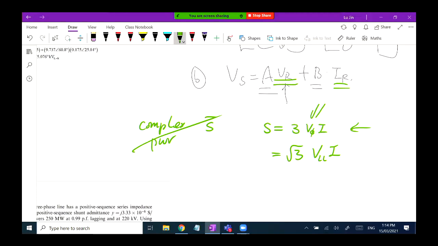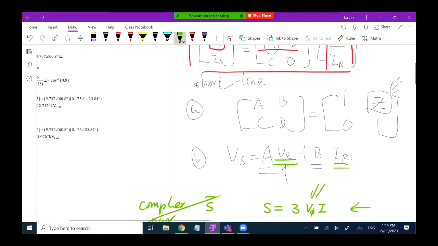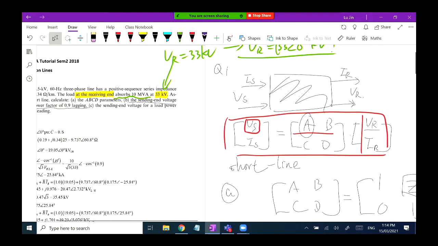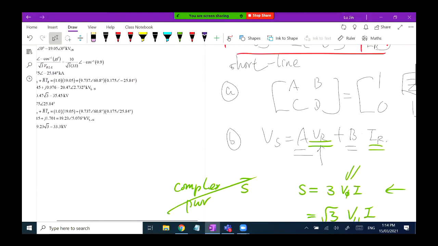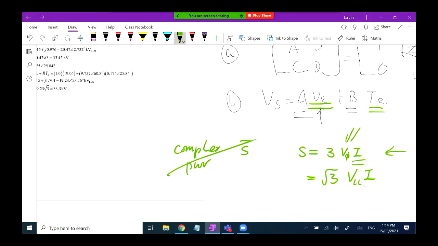For this question, we want to determine the current. Between formula 1 and formula 2, which one is more convenient for us? This apparent power is not a big problem.